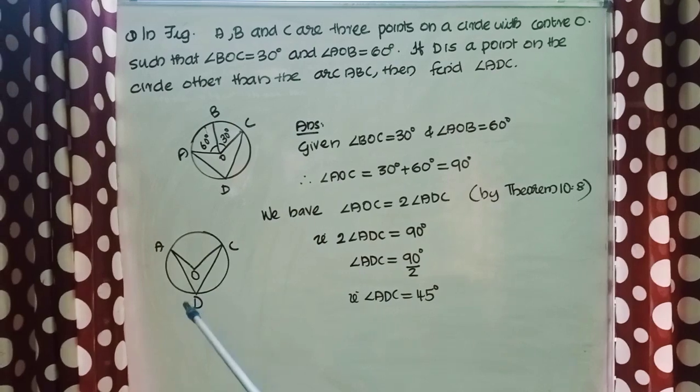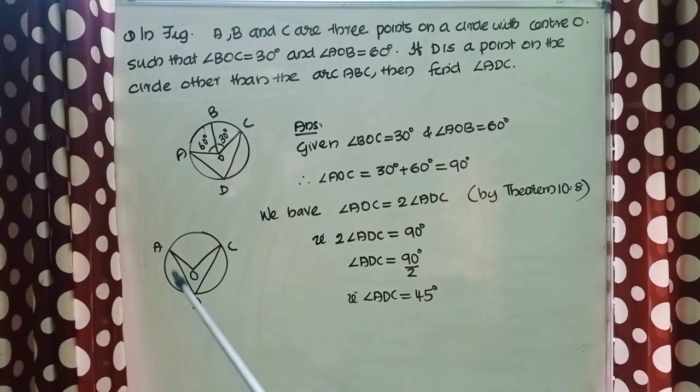Then by theorem 10.8 we have studied angle subtended by an arc at the center is double the angle subtended by it at any point on the circle. So angle AOC is the angle subtended by the arc AC at the center. Angle ADC is the angle subtended by the same arc AC on the circle.